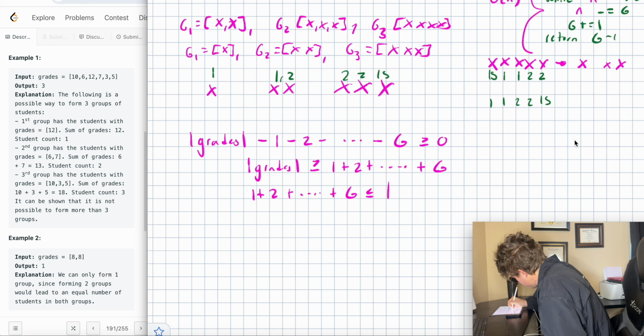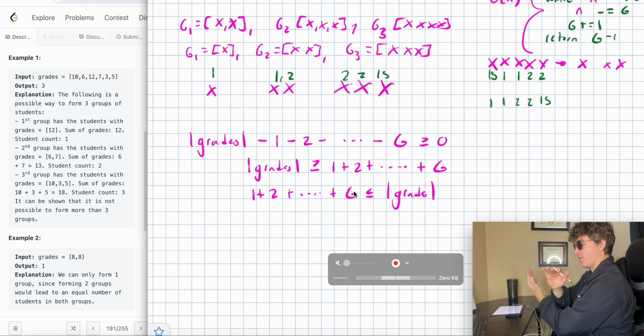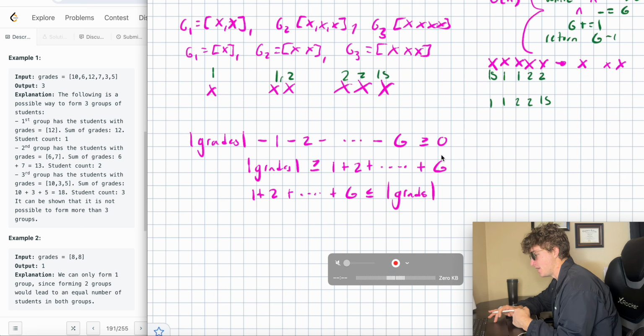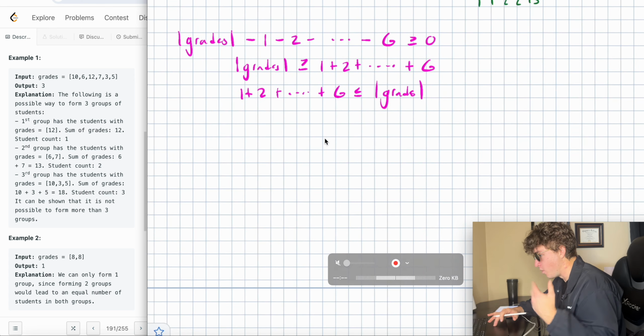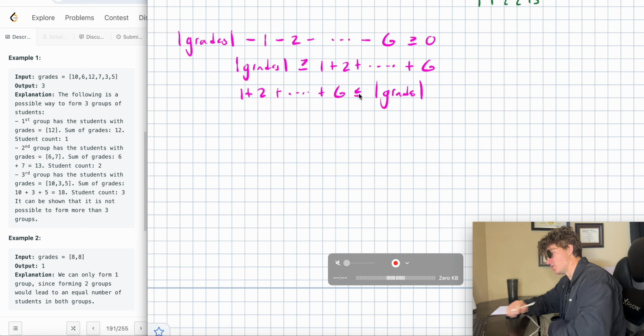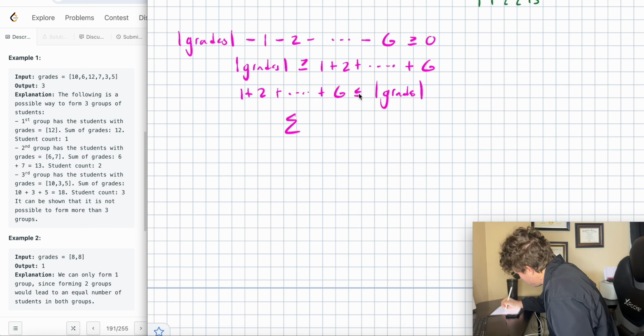Less than or equal to grades. Again, I didn't flip the sign, I just turned everything around. Because it's supposed to be 1 plus 2 plus g is less than or equal to grades. Okay, so 1 plus 2 plus blah, blah, blah plus g is less than or equal to grades. Now this is 1 plus 2 plus 3 all the way up. So that's the sum from i equals 1 to g of i needs to be less than or equal to grades.